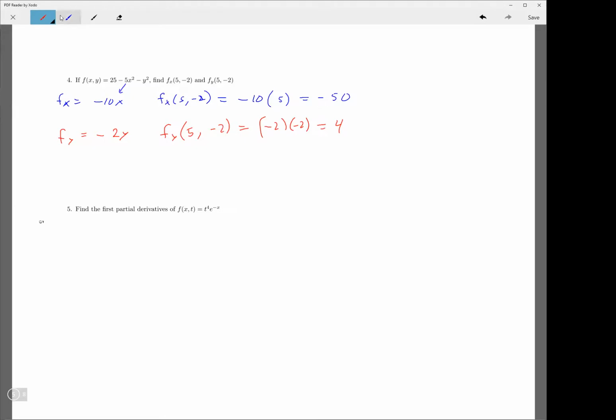Okay, so let's see. Number 5, find the first partial derivatives of this guy right here. So they want fx and they want ft. Okay, so anybody want to take a crack at this?